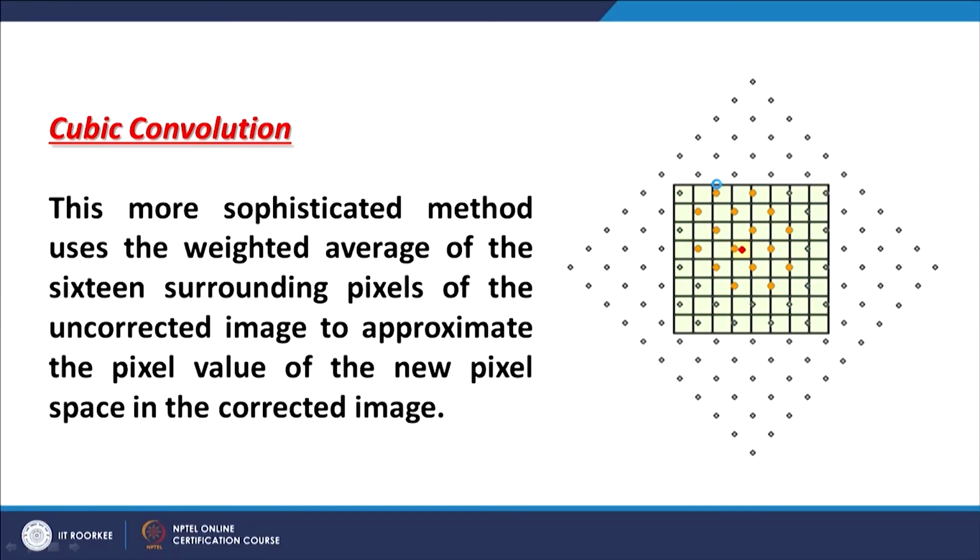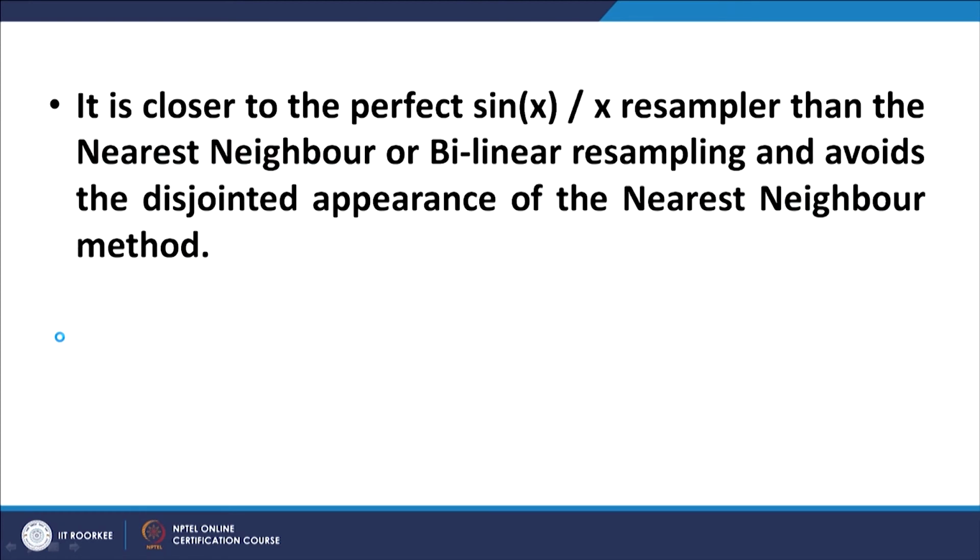The last here is cubic convolution. This is a little sophisticated compared to the other 2 techniques we have discussed. It takes the weighted average of 16 surrounding pixels, as you can see in these pink colors and dots, and then a new value is assigned to the target pixel.